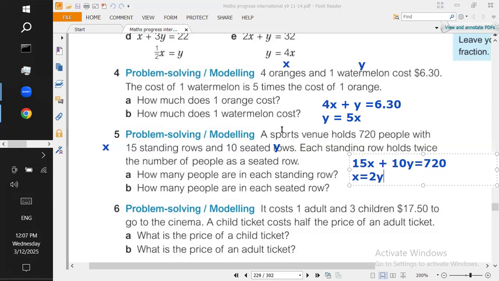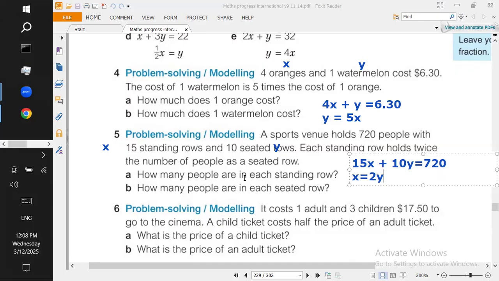Now, again, the sport venue holds 720, so all of them are 720. 15 standing, so 15x, 10 seated, so 10y. And then we put them as an equation like this, and then each standing row, which is x, holds twice the number of people as a seated row.